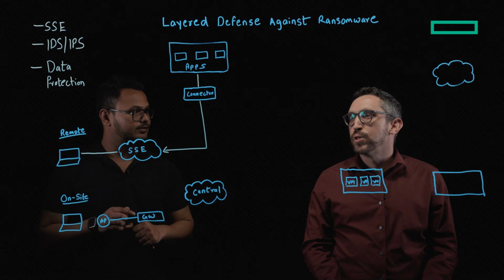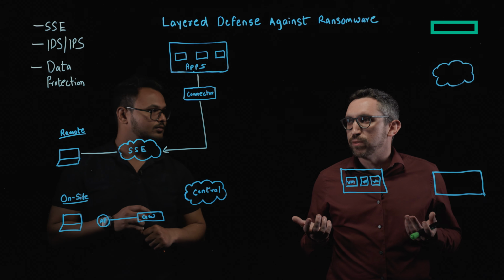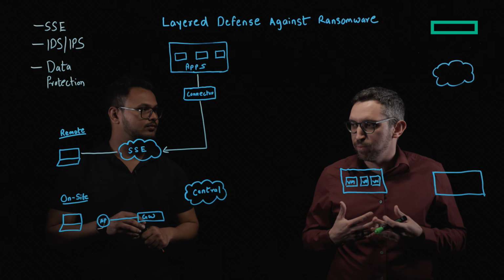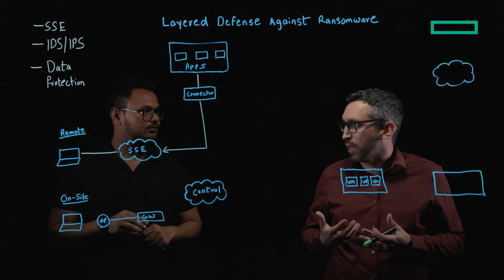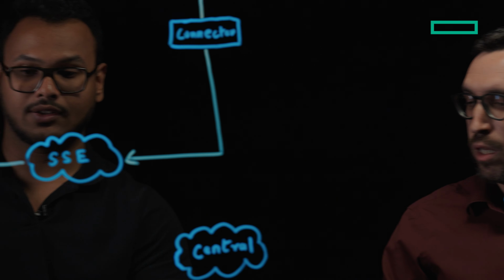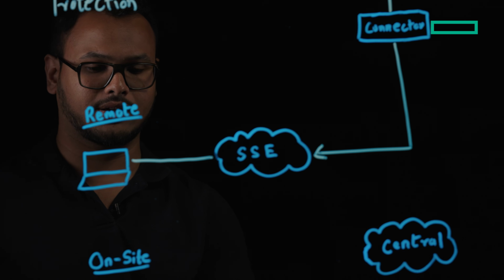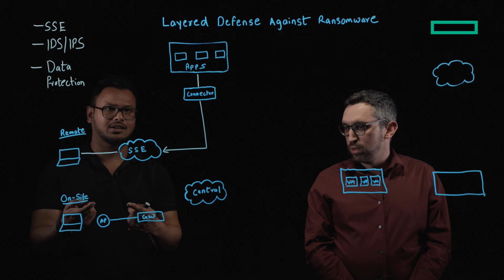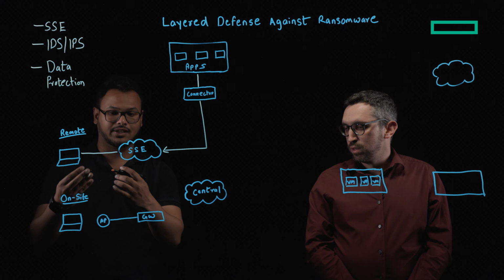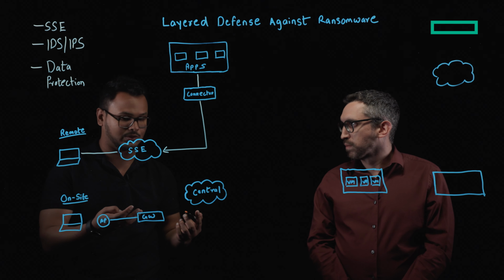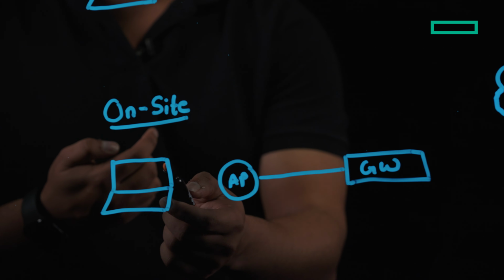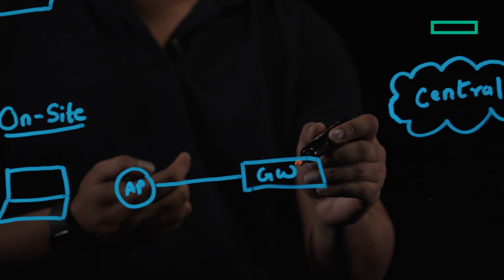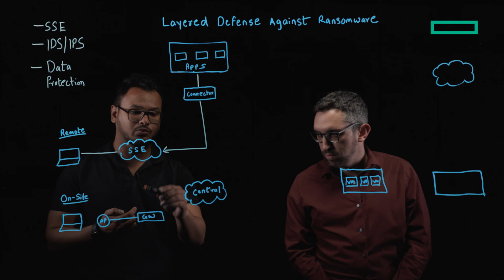Wow, that's huge. And I think one way to even stop it is to just make sure it doesn't even happen in the first place. What sort of prevention technologies are out there? Yeah. Let's take another example where a user is on site and clicks on an unsuspicious link, and then it triggers a ransomware payload. Now the traffic is flowing from the AP to the gateway, and here is where the IDS/IPS engine works.